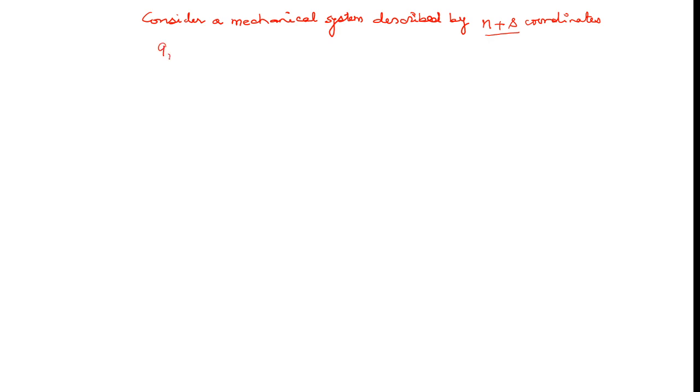Coordinates qi and zeta j, where i goes from 1 to n and j goes from 1 to s.